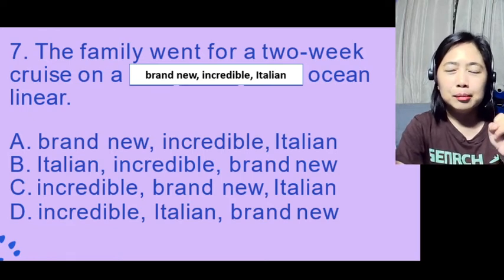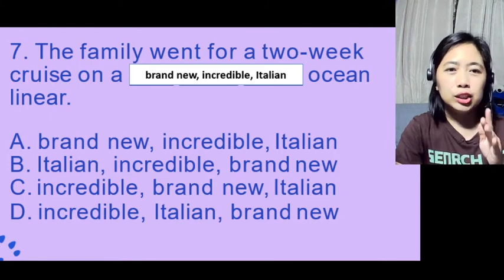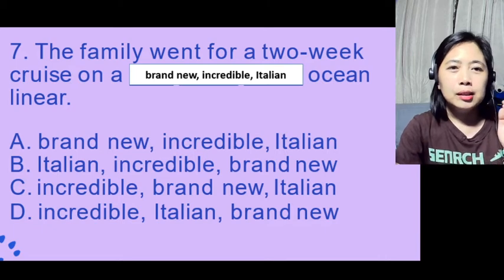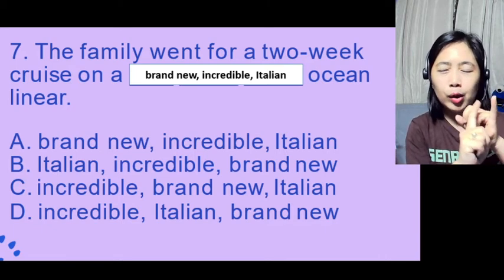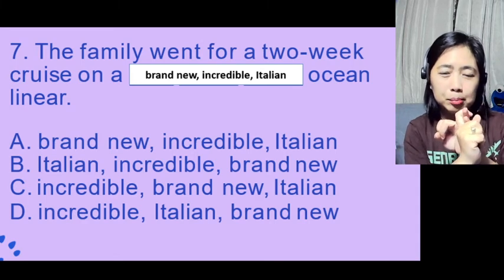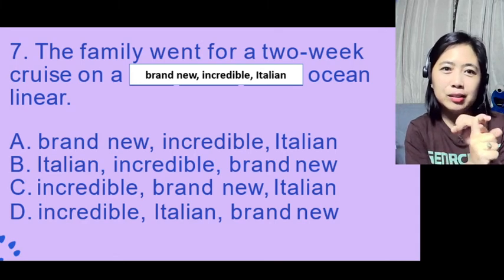After that we can have quality or opinion, so we have the brand there. Then we have the size, and we do have the age. Shape and color it doesn't have. So we have quantity first, then quality, so you do have the brand new, your opinion.